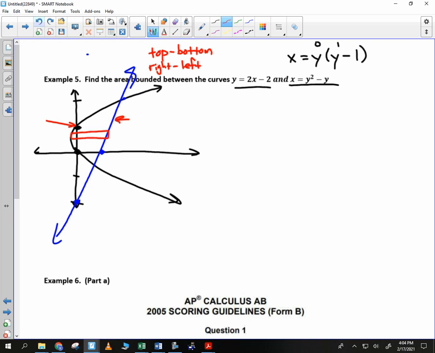Okay? Look at the thickness of your rectangle. Instead of having horizontal thickness, it has vertical thickness. The thickness is up and down. So it is dy. That's extremely important.